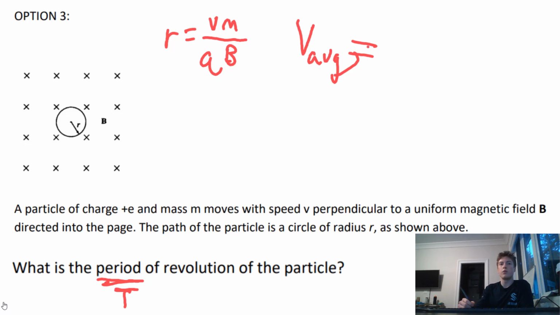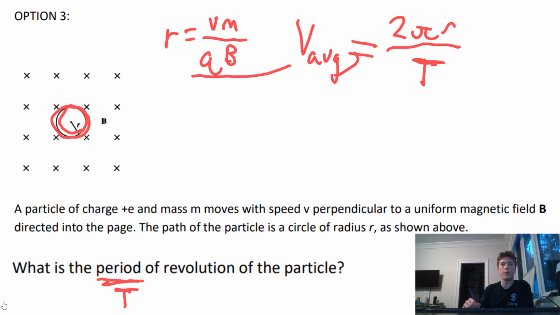We know the circumference of a circle, which would be the distance of this whole circle, is just equal to 2 pi r. So we get v average is equal to 2 pi r divided by time. The period of one complete circle would just be equal to this variable T. So we can then solve for T.